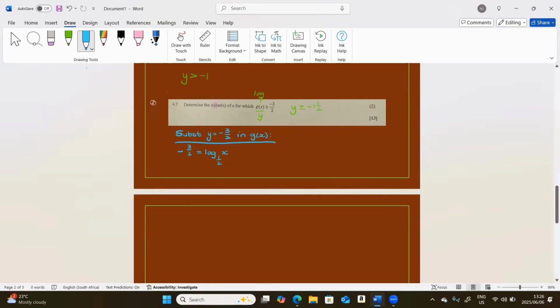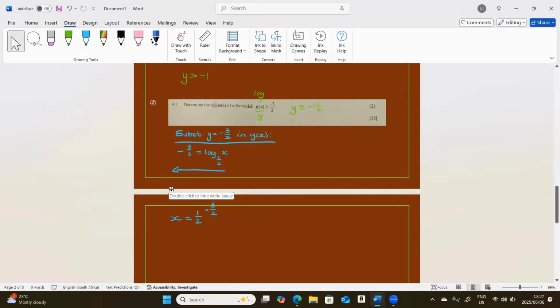Okay, now to rewrite this log equation into an exponential equation, we need to work from right to left. So we are going to say x equals, remember, the base of my log equation will also be the base of my exponential equation, and it's going to be to the power of negative 3 over 2. Okay, guys, now you can just use your calculator.